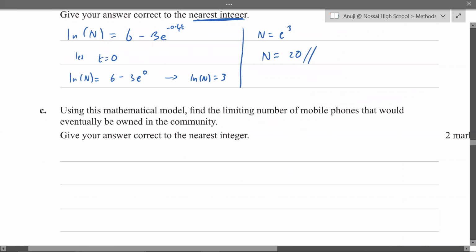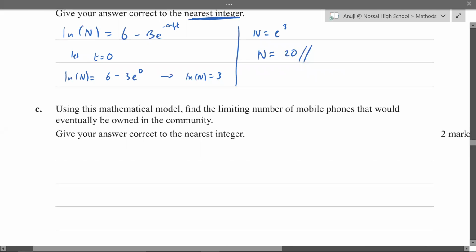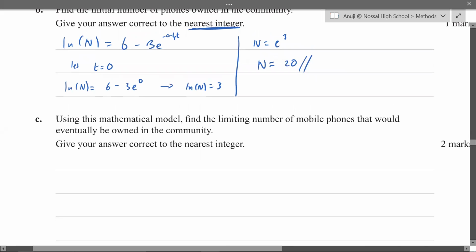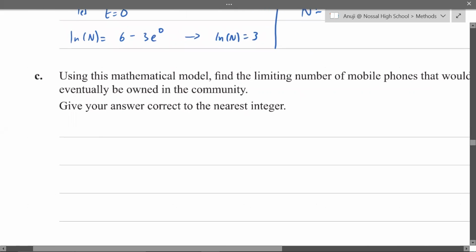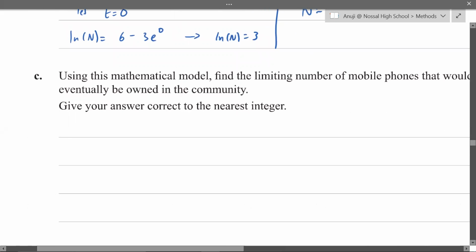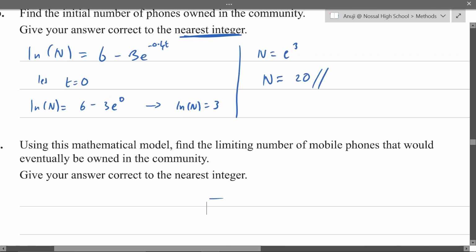And now it's asking to find the limiting number of mobile phones that would eventually be sold. Limiting number of mobile phones means eventually it's going to plateau, so it would become a constant value. And when that happens, t would go to infinity.